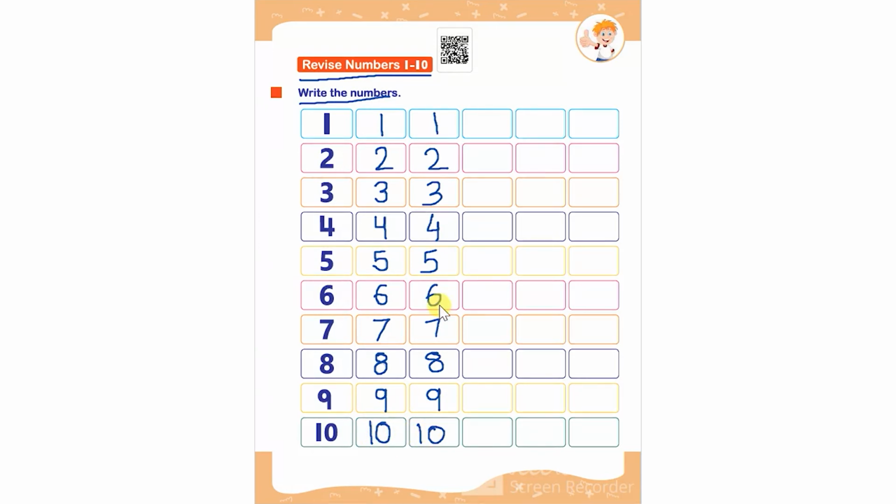So the child has to complete writing the numbers in the rest of the boxes given over here.